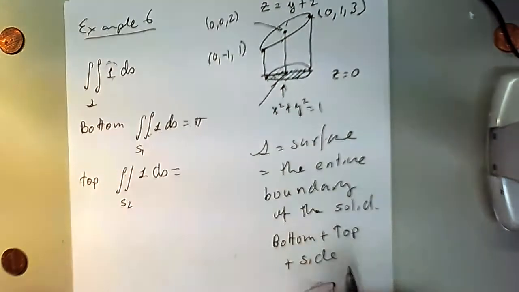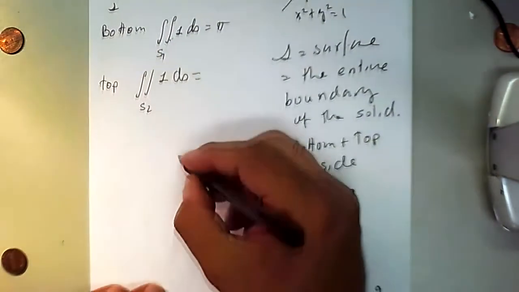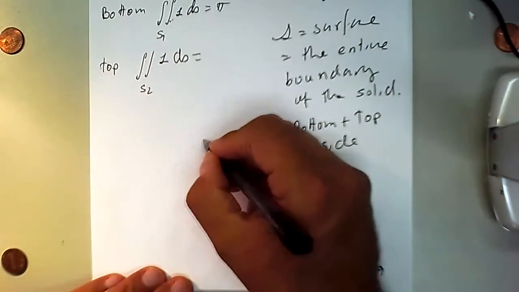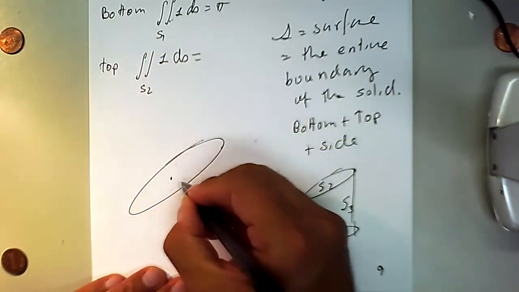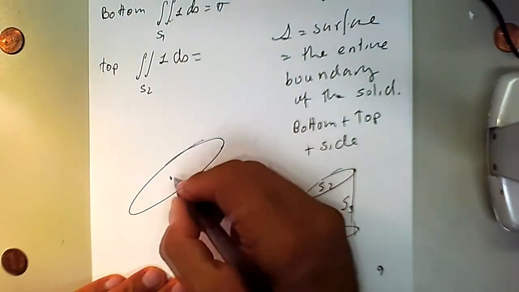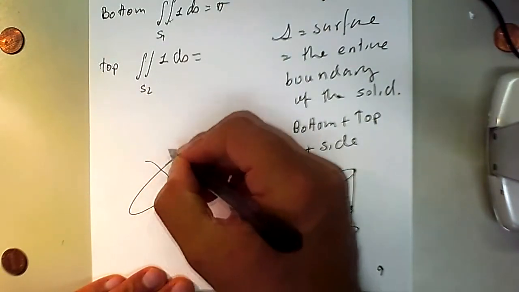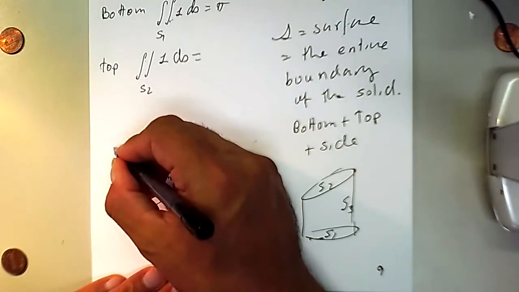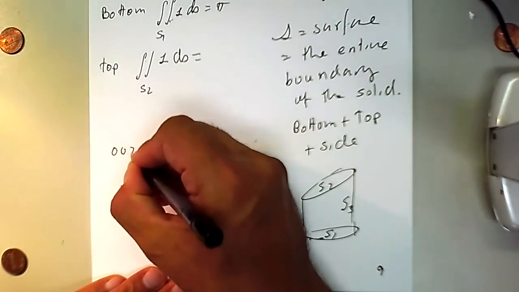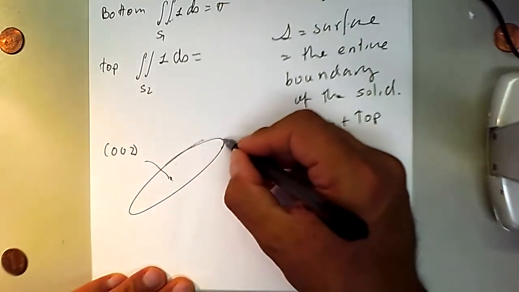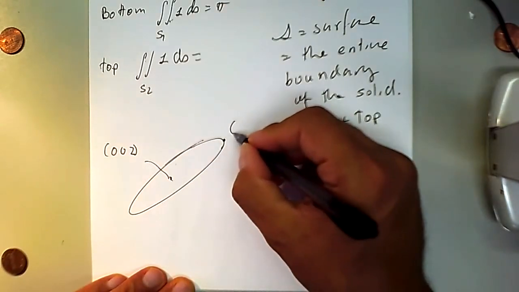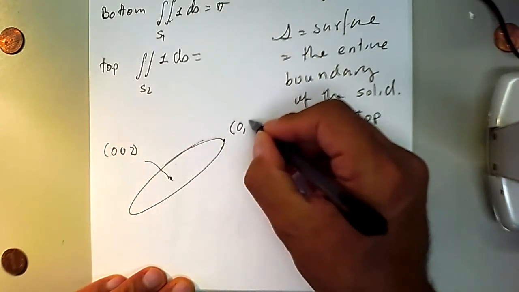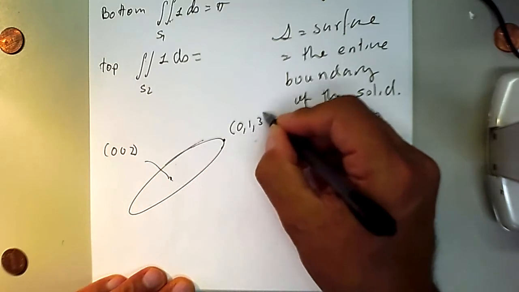Let's talk about that ellipse for a moment. So let me draw it fairly large. Actually, this point is 0, 0, 2. This point, we did say it is 0, 1, 3.